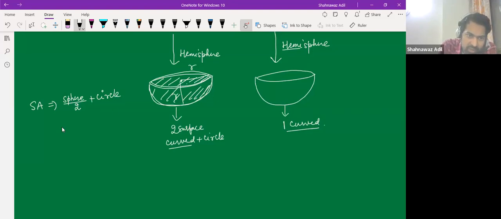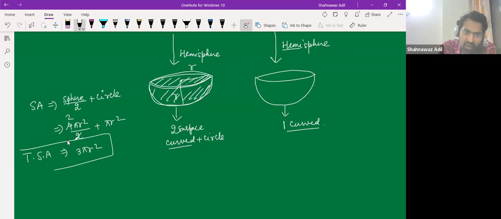So sphere by 2 is how much? 4 pi r square divided by 2, plus the circle, which is pi r square. So this is 2 pi r square plus pi r square, 3 pi r square. So this is the total surface area of this kind of hemisphere, the solid hemisphere, right?